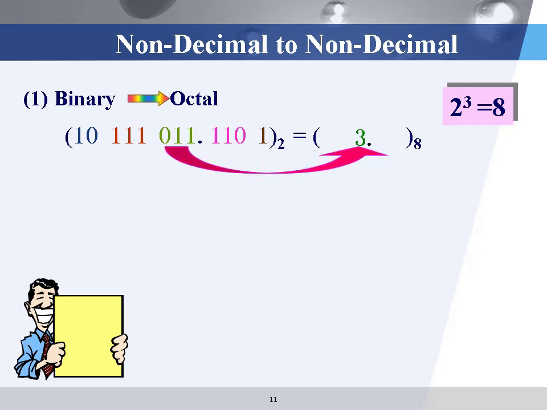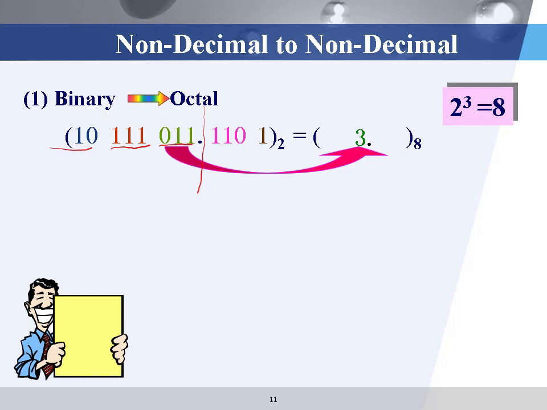Let's start from the integer part. We're going to split the number into groups of 3 digits. The first group, we always start from the radix point. So the first group will be 0, 1, 1, and the second group will be 1, 1, 1, and the third group, because we only have 2 digits left, we have to make it a complete group of 3 digits.